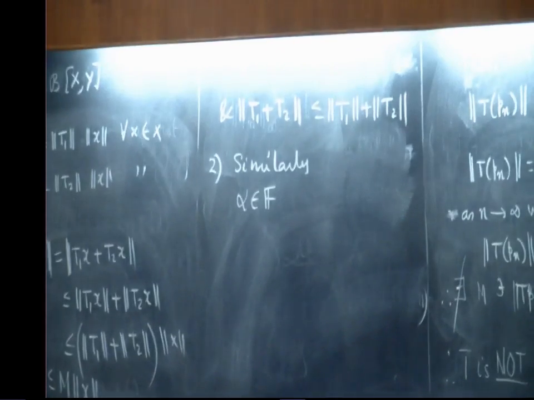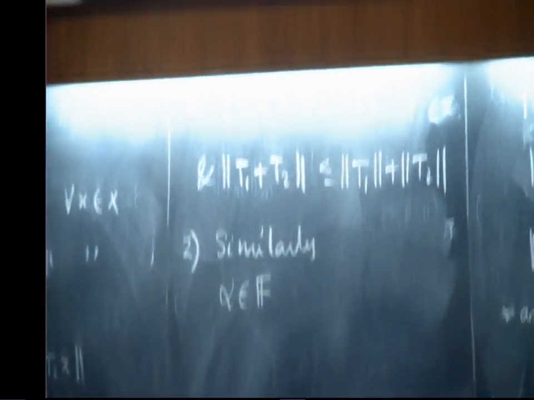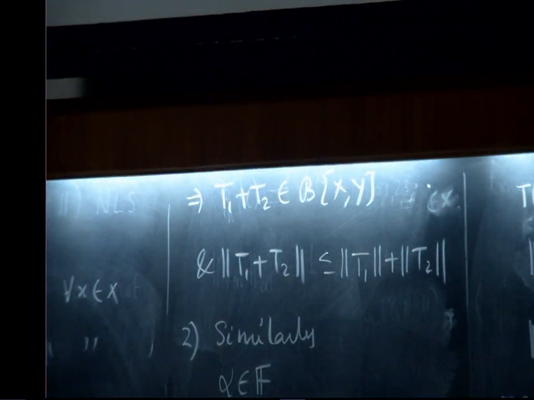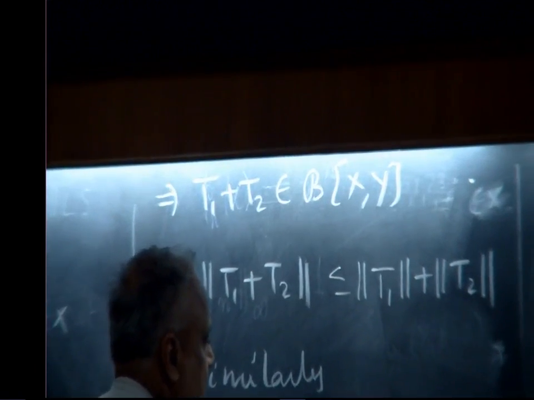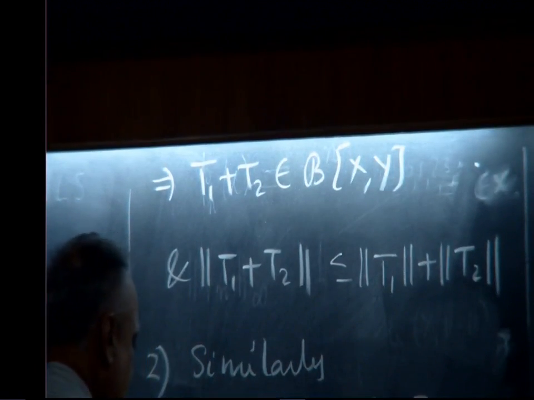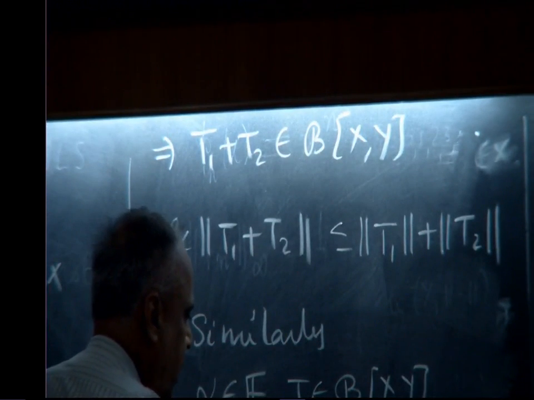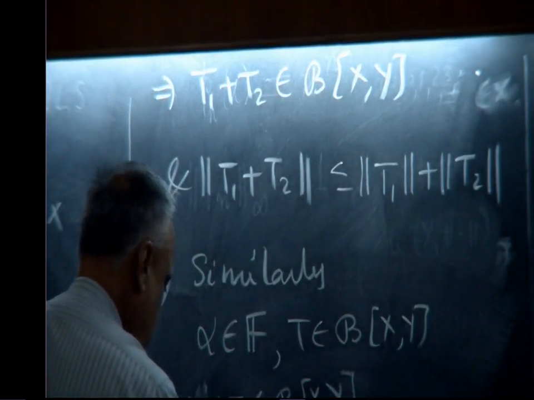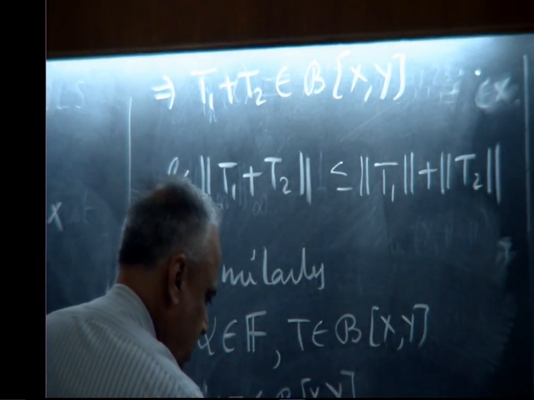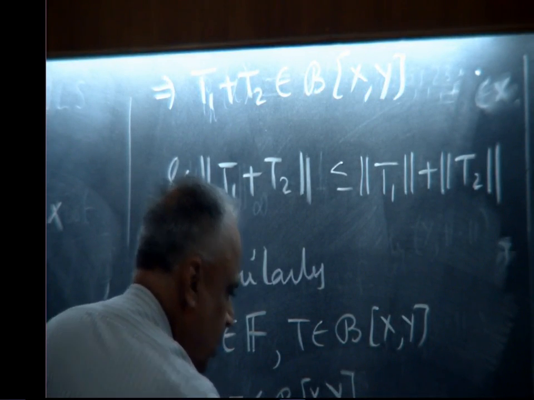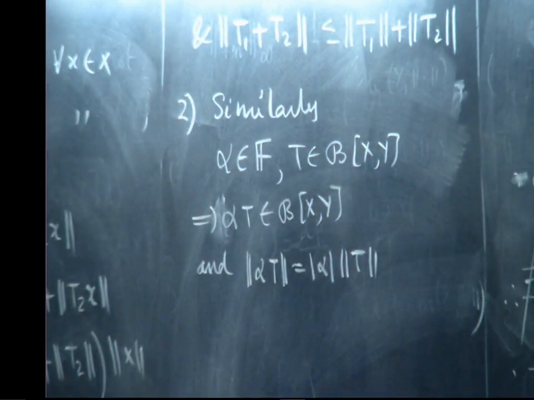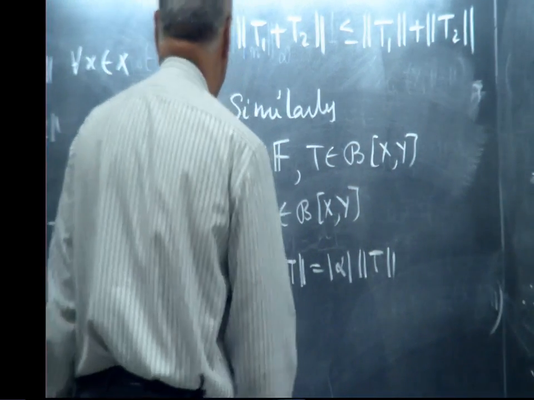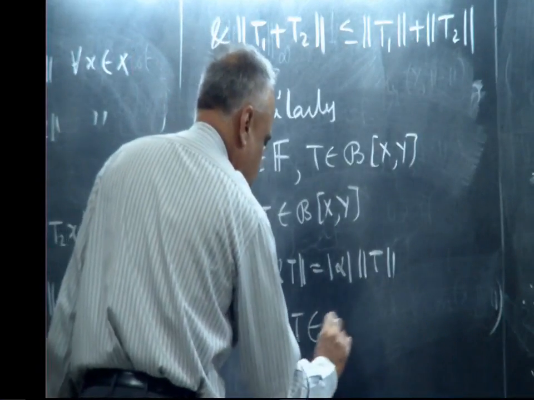Whenever we are dealing with normed linear spaces, we decide whether we work on real or complex normed linear spaces. If T belongs to B(X,Y), this implies alpha T belongs to B(X,Y), and the norm of alpha T is equal to mod alpha into norm T. The notation was used in anticipation that this is going to satisfy the properties of the norm. Okay. So, what does this say? This says alpha T is also a bounded linear transformation.